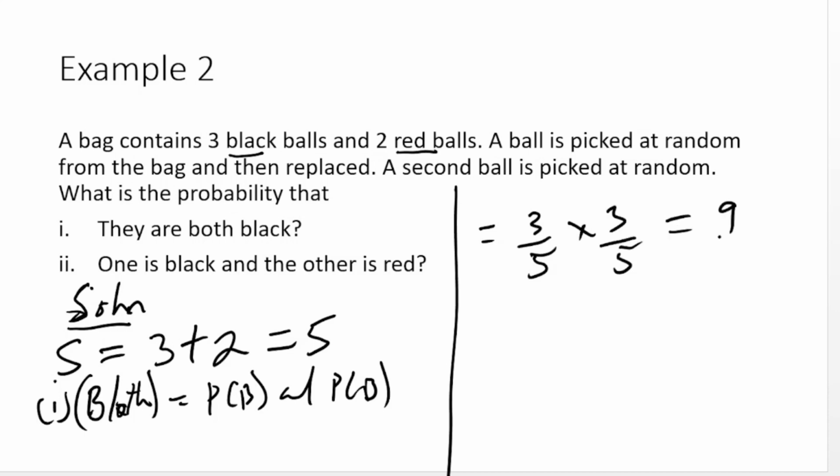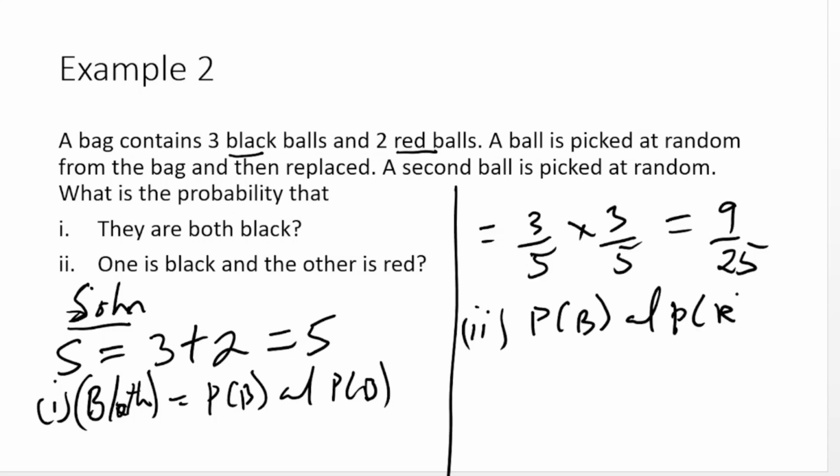That gives us 9 over 25. Then for the second one, one is black and the other is red. That means the probability of black and the probability of red. So we have the probability of black, which is 3 over 5, times 2 over 5, which is the probability of red.